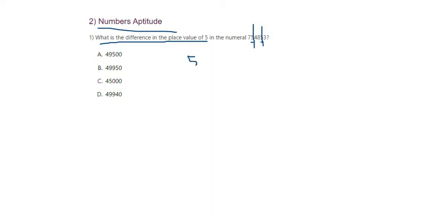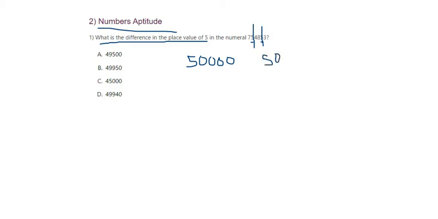So the place in which the 5 is next to 7 is 50,000. So we'll write it. And the place in which the 5 is there after the 8 is 50.